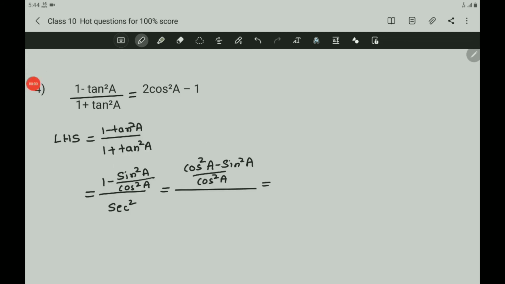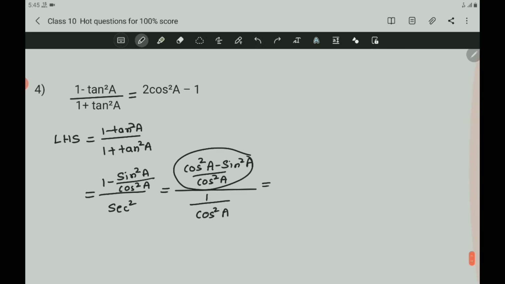Now we write the reciprocal of sec²A. You know that is the reciprocal of cos, so you write cos²A. Now you write this into reciprocal of this. So write cos²A minus sin²A by cos²A into the reciprocal of 1 by cos²A, which is cos²A by 1.